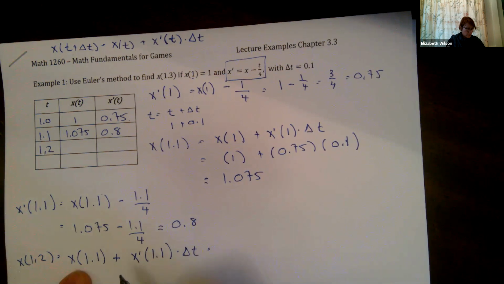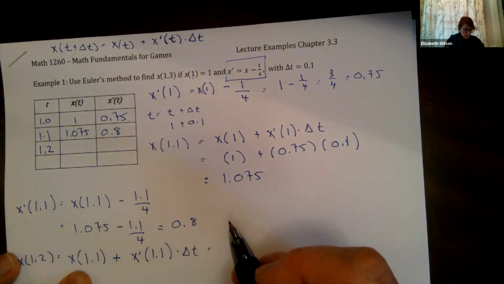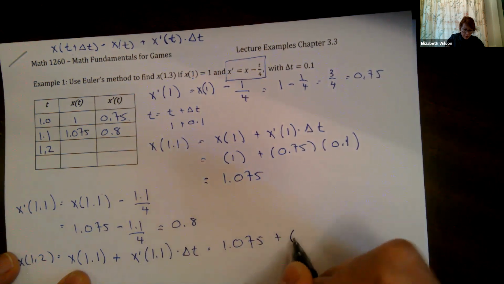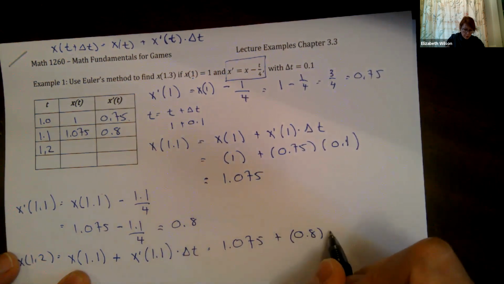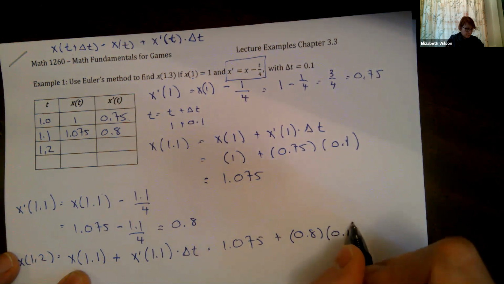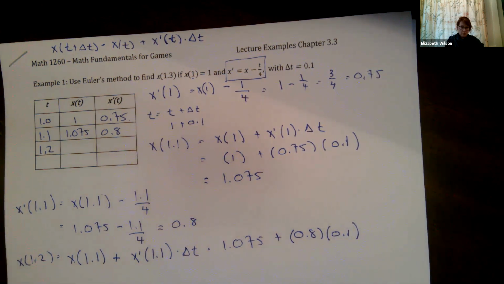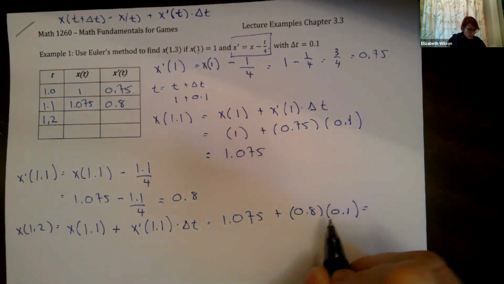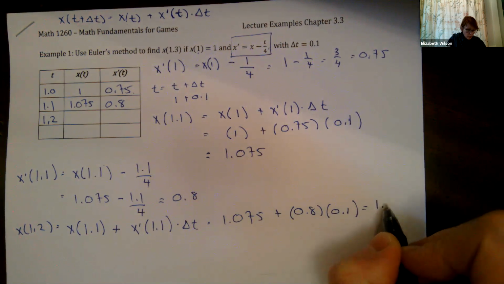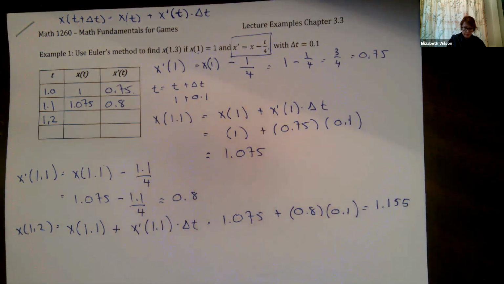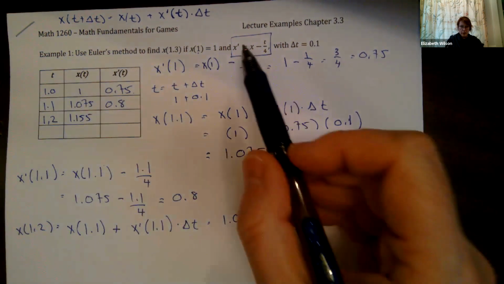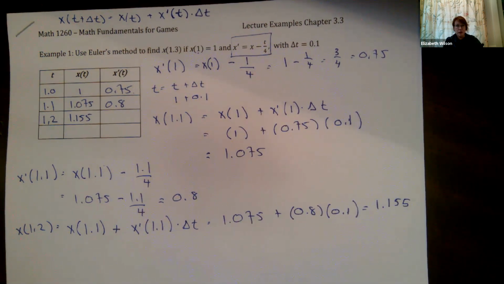Okay, so this is 1.075 plus my x prime, 0.8, times my delta t, which is 0.1. Okay, see how I'm just plugging things in. Again, I'm looping through essentially. When I add that up, I get 1.155. That 1.155 goes right here. And I use that value to calculate my derivative. That tells me my rate of change for the next step.